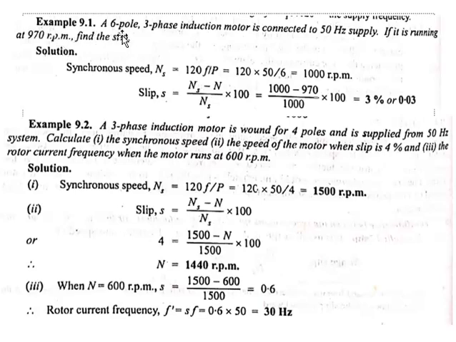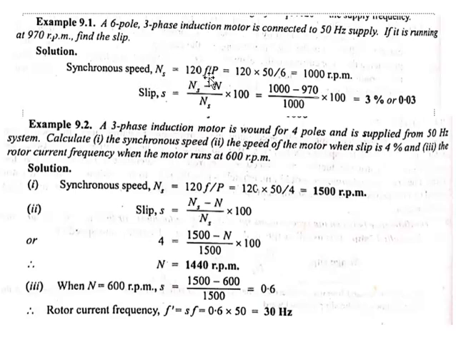So problem number 1: a 6-pole (P is equal to 6) 3-phase induction motor is connected to 50 Hertz (F is equal to 50). If it is running at 970 RPM, find the slip. Very straightforward. P is given, F is given, and 970 is N, capital N. First we will find out the synchronous speed.